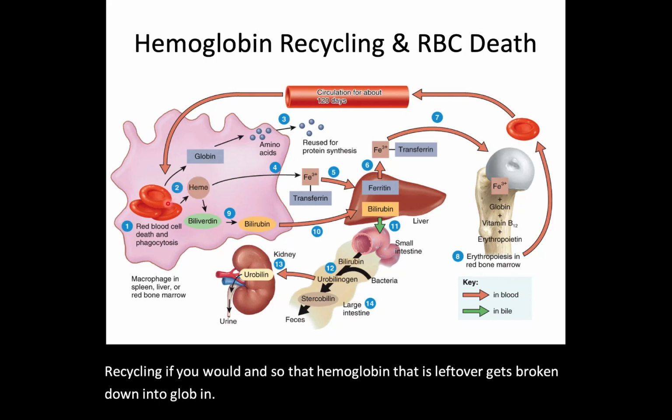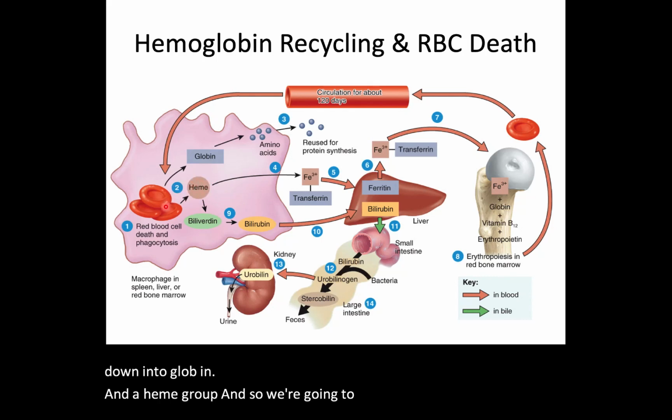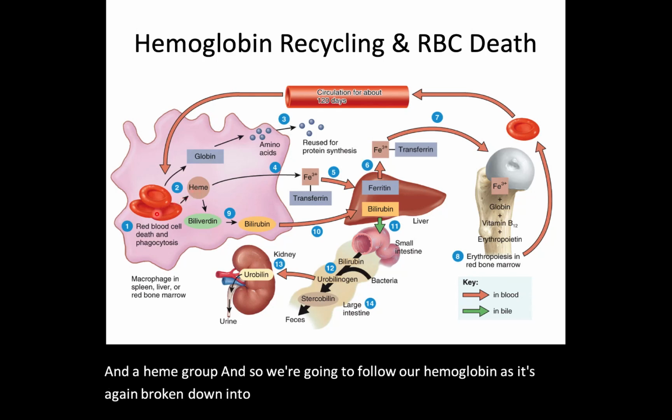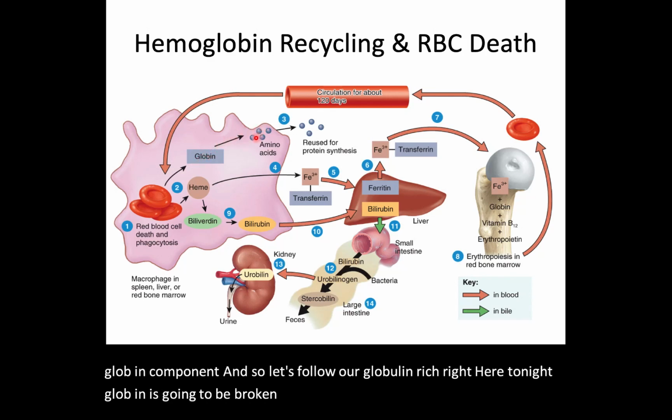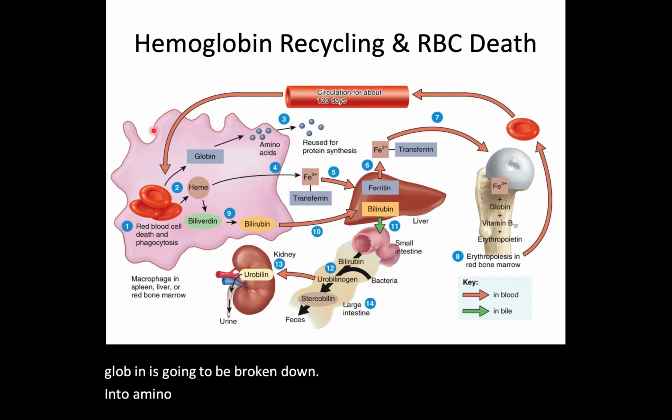We're going to follow our hemoglobin as it's broken down into the heme component and the globin component. Let's follow our globin. It's right here. Globin is going to be broken down into amino acids, and the macrophage is doing that.